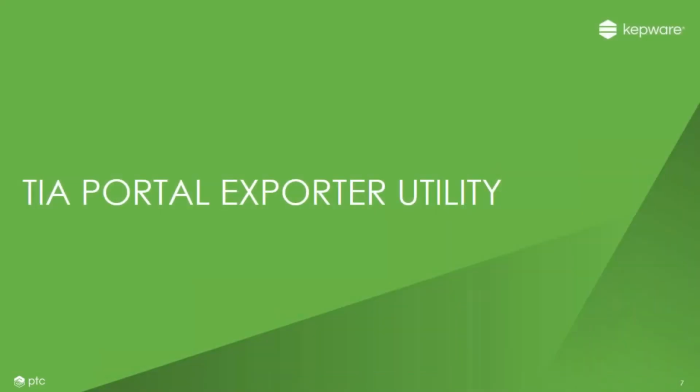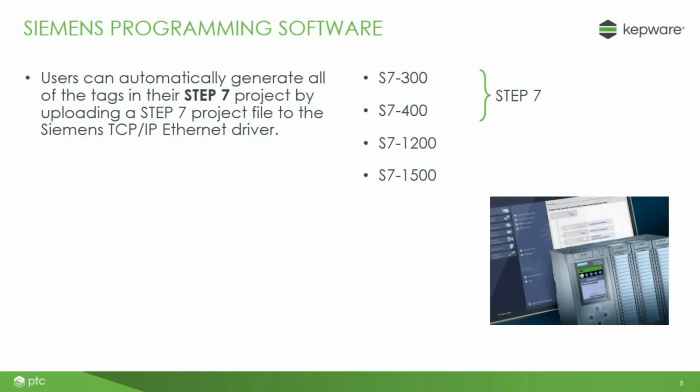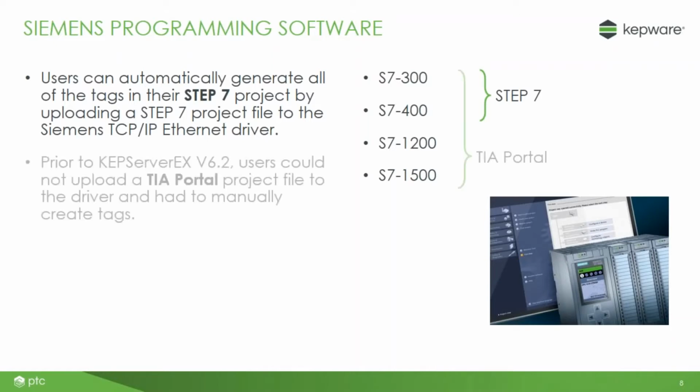Next up is a brand new utility shipping with KEPServerEX version 6.2, made specifically for customers using Siemens devices programmed with TIA Portal. In late 2012, Siemens released their new programming software, TIA Portal, or Totally Integrated Automation. TIA Portal replaced the traditional Step 7 programming software, and Siemens has been marketing TIA Portal to all S7 300 and 400 users since.